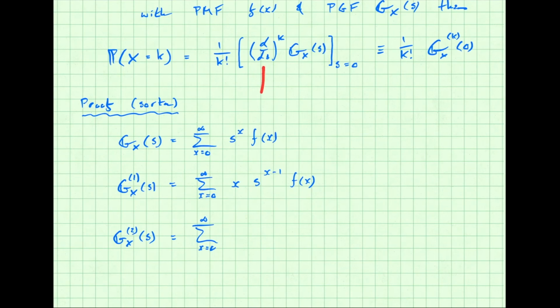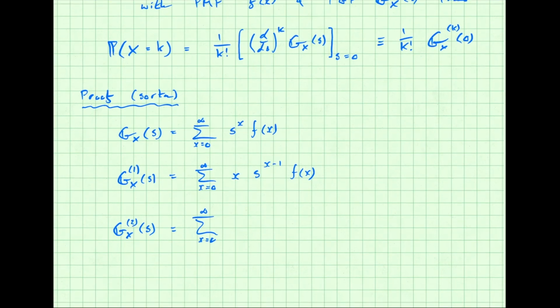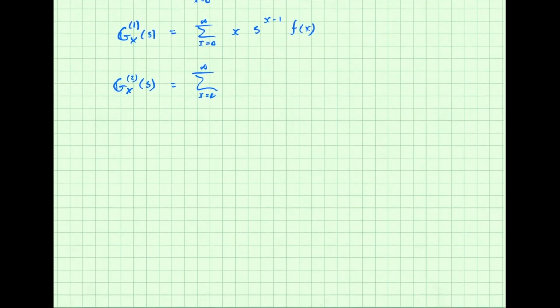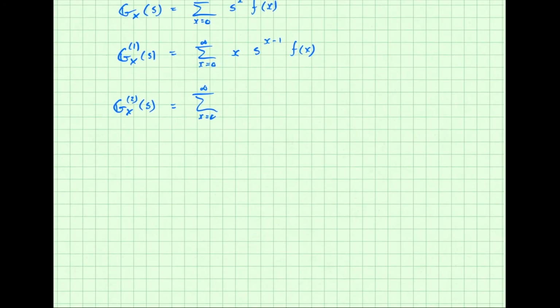All these derivatives are with respect to s. Maybe I should make that s a little more obvious. There we go. Okay, so the derivative with respect to s of the line above is x times x minus 1 times s to the x minus 2. Like that. Right, so that's this guy.